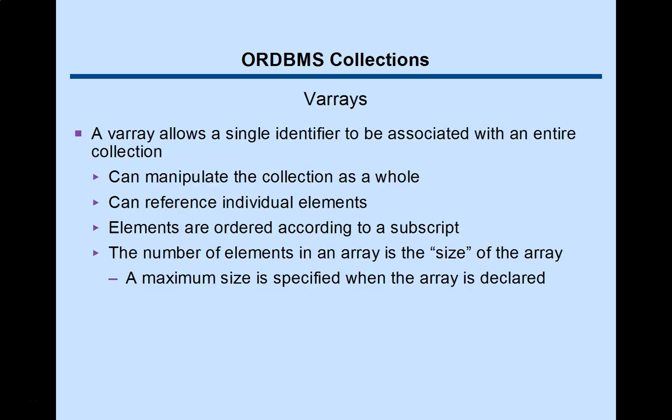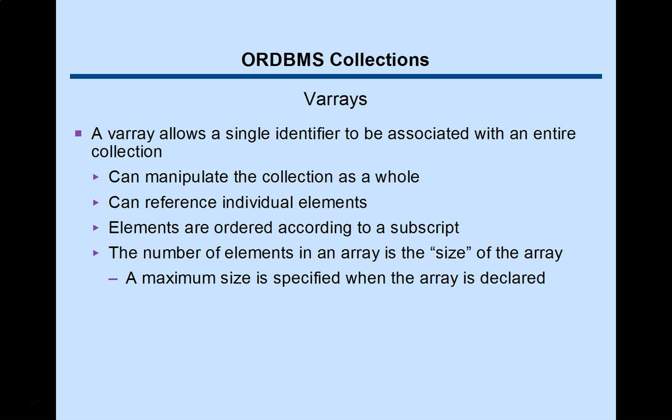The other collection type is called a V-array. With a V-array, we can manipulate the collection as a whole. If we're working with the V-array from the database, we may bring it into working storage, into a variable defined as being of that type of V-array, and then we can work with that object within the application program.